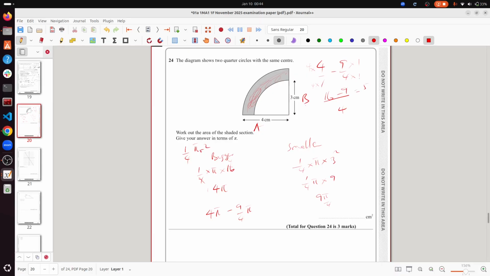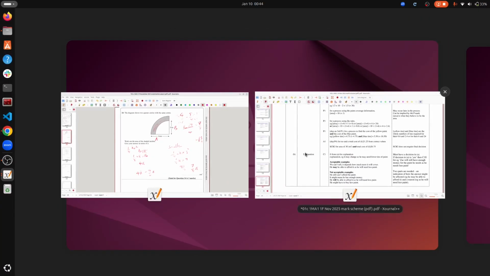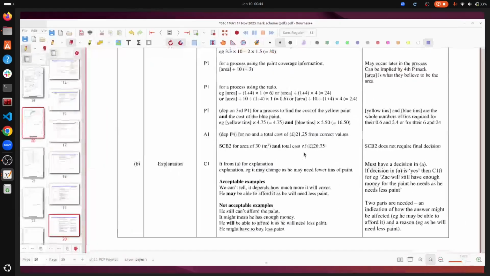Sorry, 16 minus 9 is 7 over 4. And that is 1 and 3 over 4 pi. So we can leave it as 7 over 4 pi as our answer. Look at the mark scheme and see what the mark scheme says.